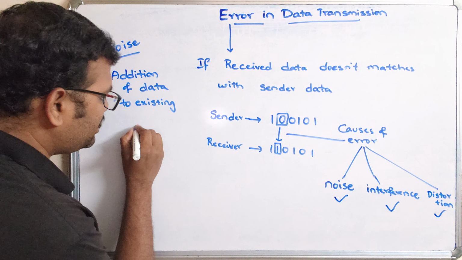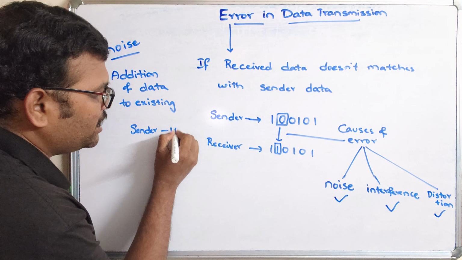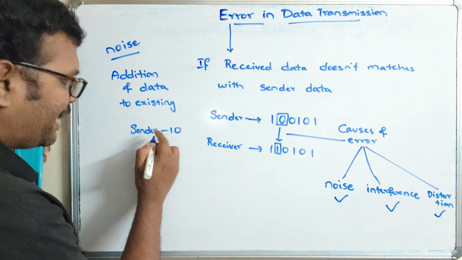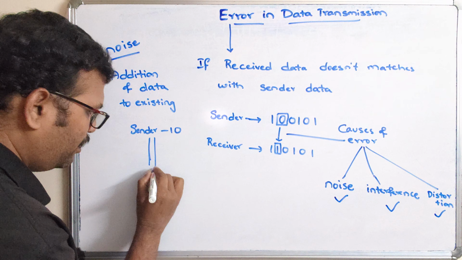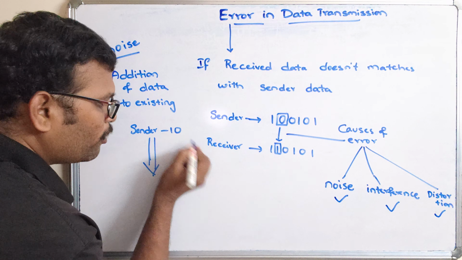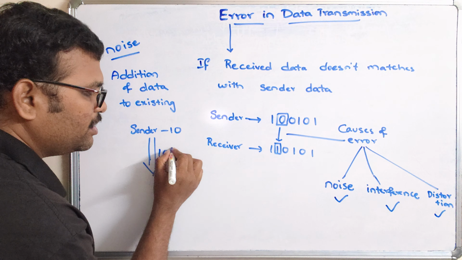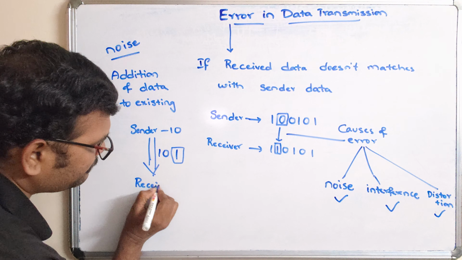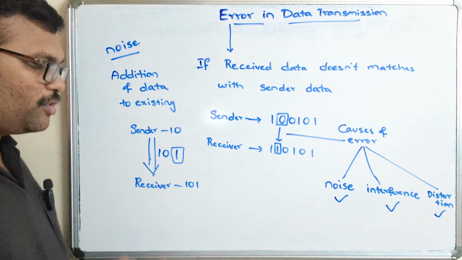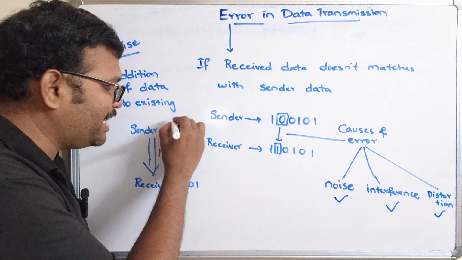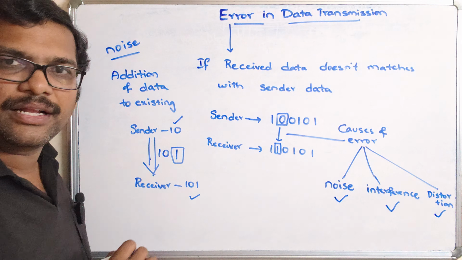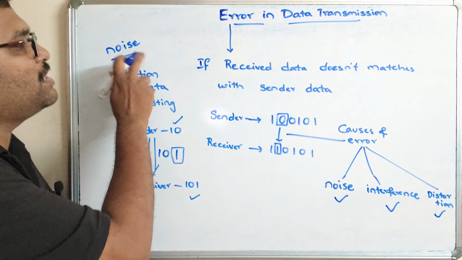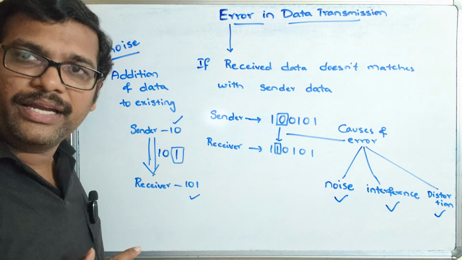For example, the sender sends 10, and during the transmission one more bit has been added, like 1. So the receiver receives 101, which is an error. The sender data doesn't match the receiver data, so there is an error. So addition of data during the transmission is called noise. That is one cause of getting an error.